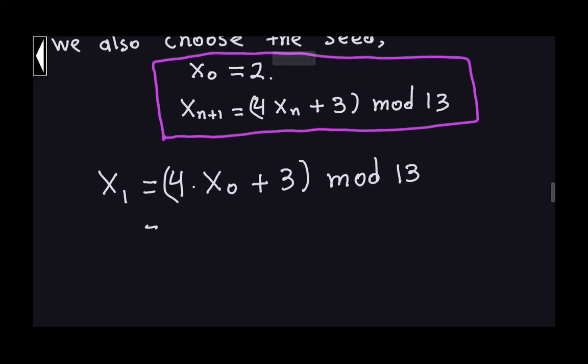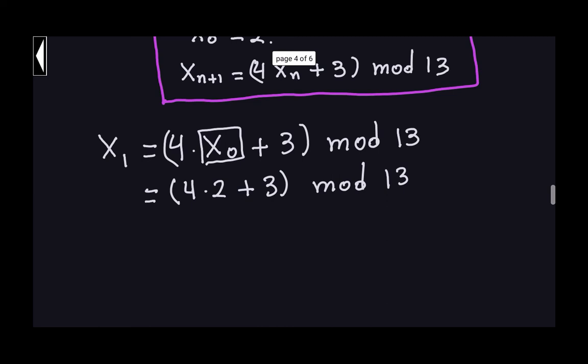Of course, I know what x0 is. x0 is 2 because that's my seed. So it's going to be 4 times 2 plus 3, modulo 13.